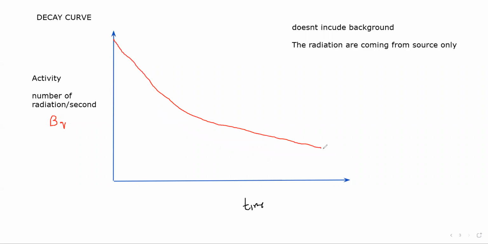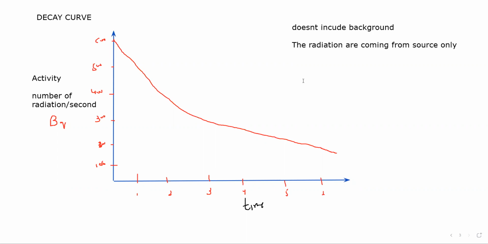So if these are the source radiations, for example 100, 200, 300, and 600, and on this axis 1, 2, 3, 4, 5, 6.